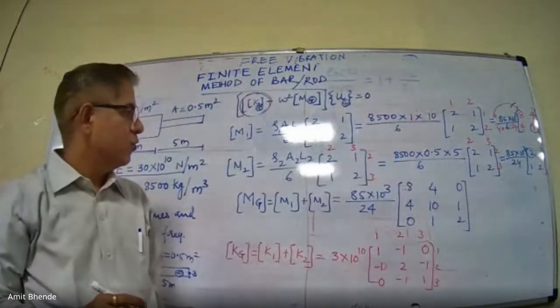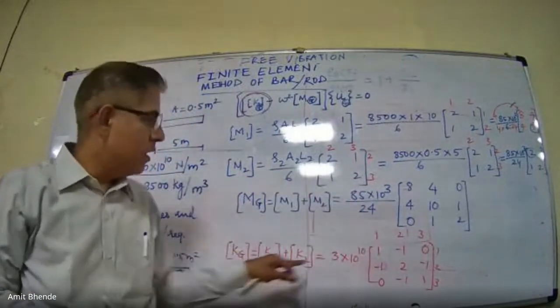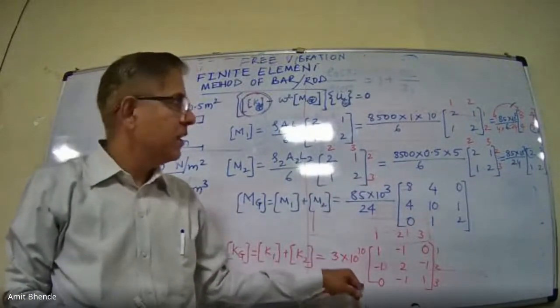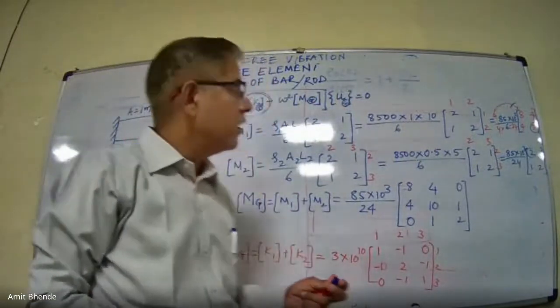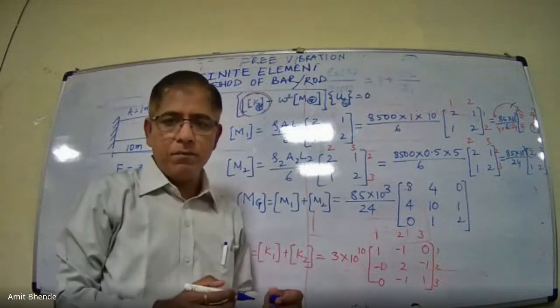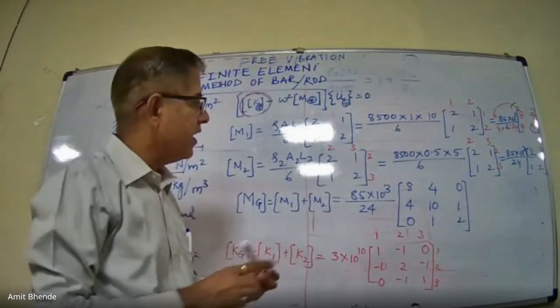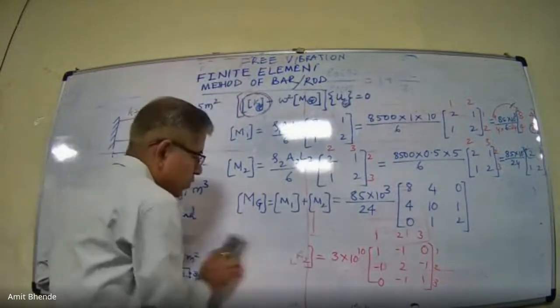Okay, so this is the global mass matrix, this is the global stiffness matrix, and the global displacement matrix is given as U1, U2, U3 in column form. So now we are ready with all the values.